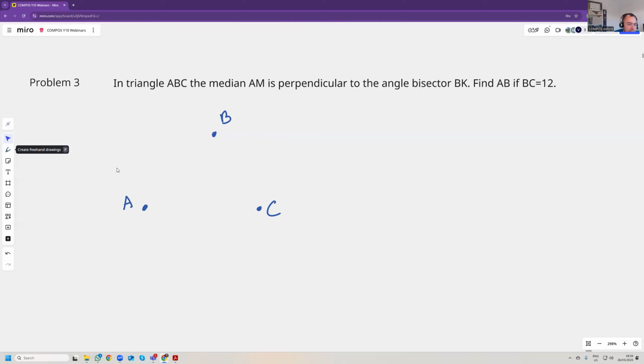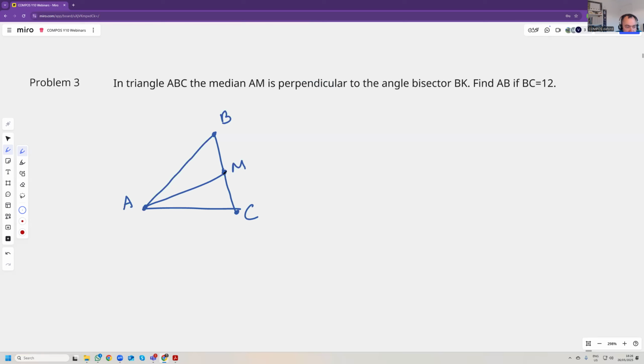So I would move this slightly to make it a bit more to scale. And M is the midpoint of BC, of course. So AM is the median, so this side is equal to this side. It is perpendicular to the angle bisector BK.